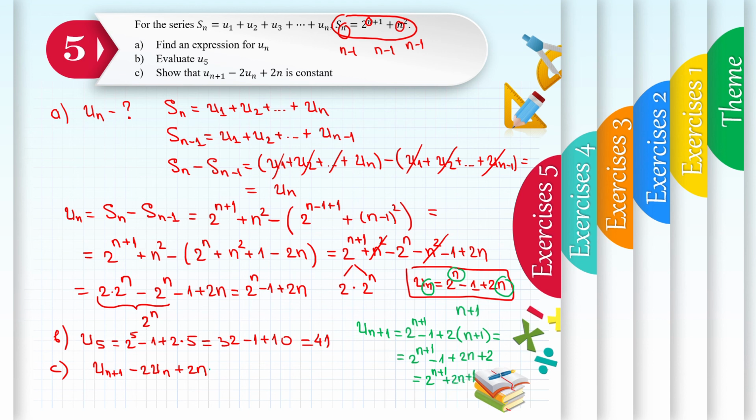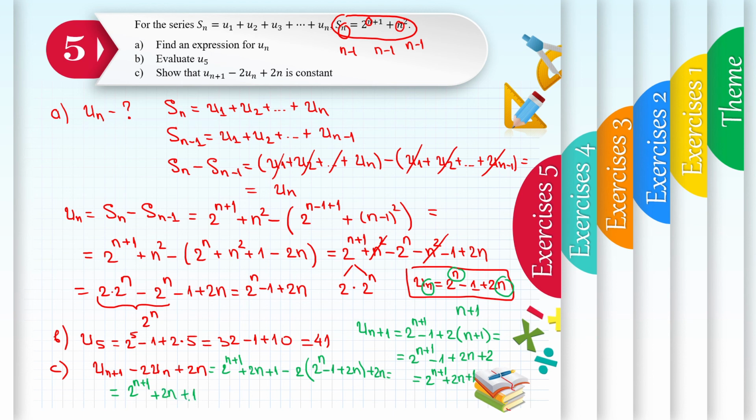And we can go back here and replace un plus 1 and un with their formulas, and we'll get 2 to power n plus 1 plus 2n plus 1 minus 2 multiplied by 2 to power n minus 1 plus 2n, and plus 2n.